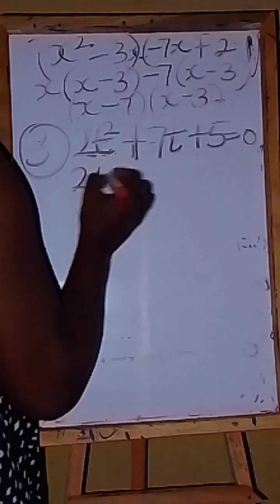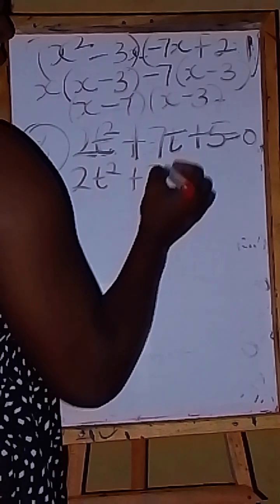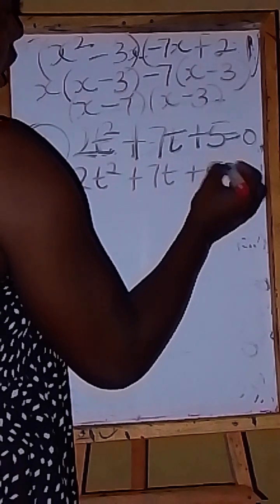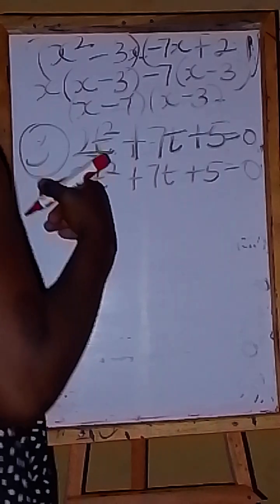So 2t squared plus 7t plus 5 equals to 0.